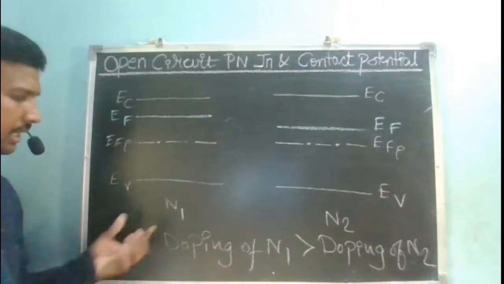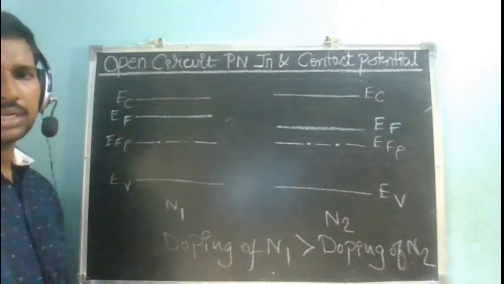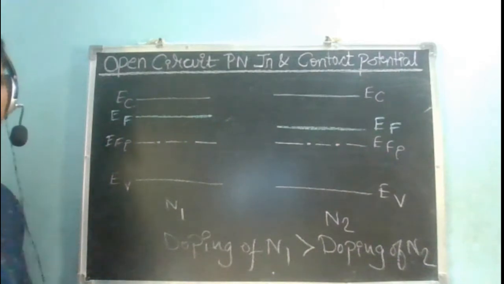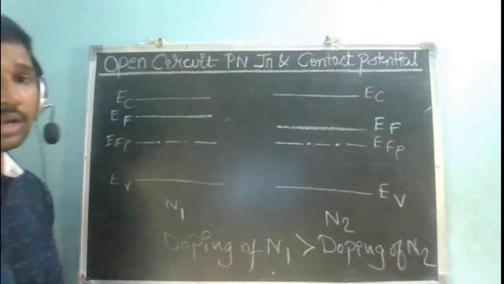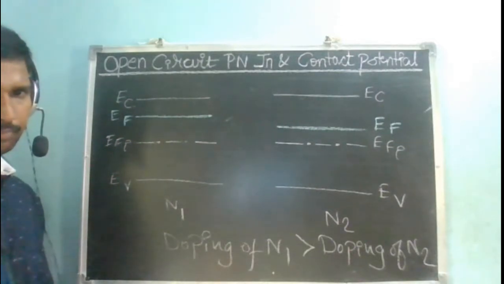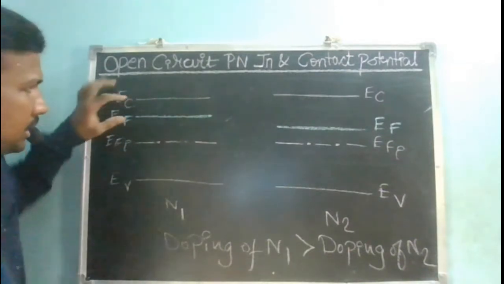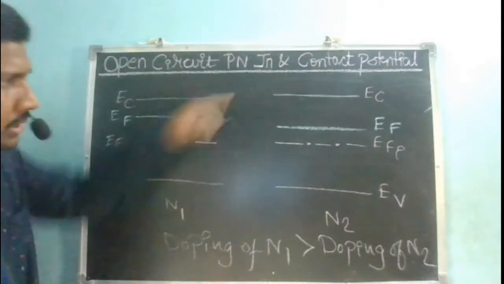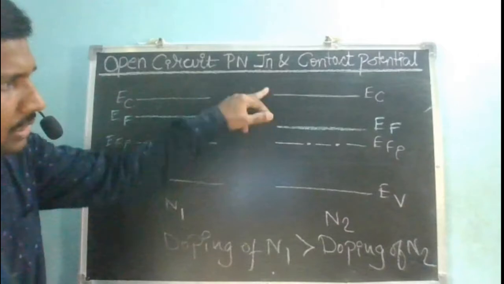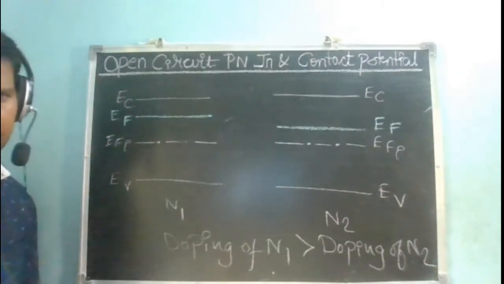In which case are there more electrons, in N1 or in N2? N1, sir. See, the closer EF is to EC, the more electrons. The farther EF is from EC, the fewer electrons.